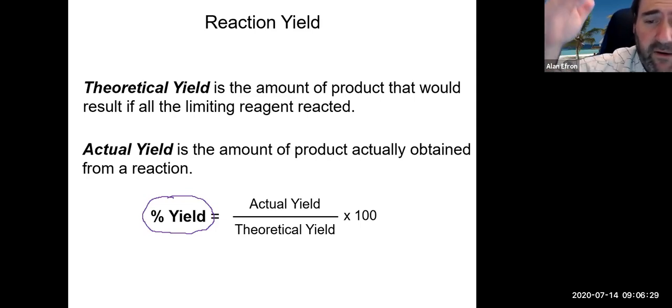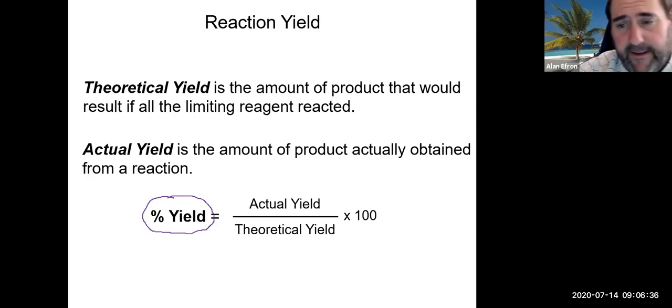If you go over 100%, which is possible in a real life situation, you could get a percent yield higher than 100%. The bad news is it usually doesn't mean a good thing. It usually means somewhere along the way you screwed up. A very common place where that happens is, for example, if you did a precipitation reaction and made a precipitate on some filter paper, and this filter paper is probably going to be pretty wet just from the process of filtering it.